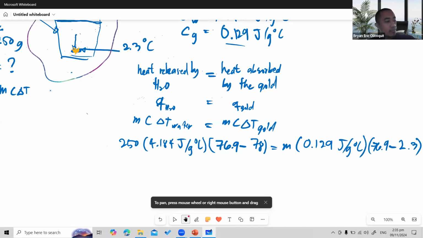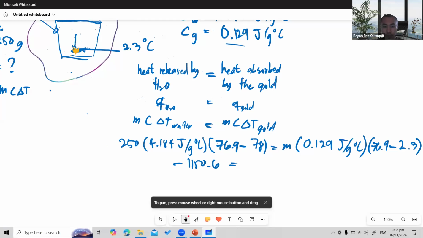So computing the values of this one, you have 250 times 4.184 times the quantity 76.9 minus 78. You have negative 1150.6. This is equivalent to 0.129 times the value 76.9 minus 2.3.